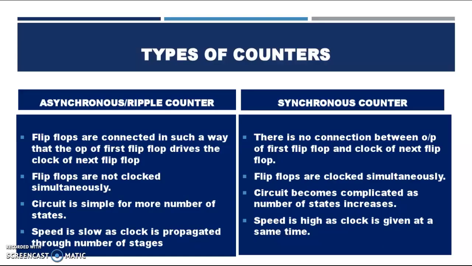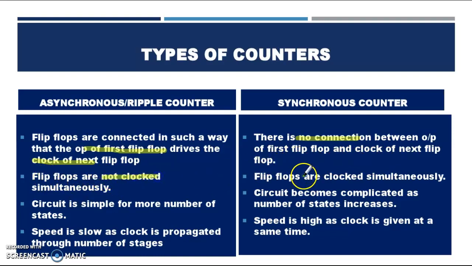Before jumping into the ripple counter, let's get familiarized with the terms synchronous and asynchronous or ripple counter. In a ripple counter, flip-flops are connected in such a way that the output of the first flip-flop drives the clock of the next flip-flop. But in a synchronous counter, there is no connection between the output of the first flip-flop and the clock of the next flip-flop; the flip-flops are clocked simultaneously.